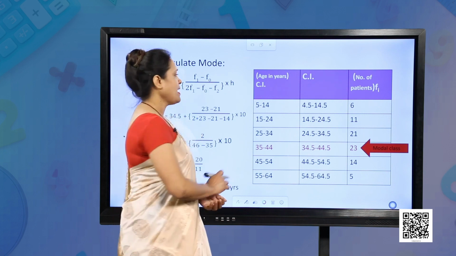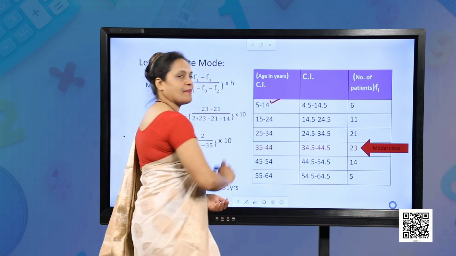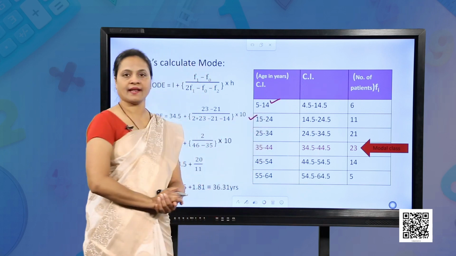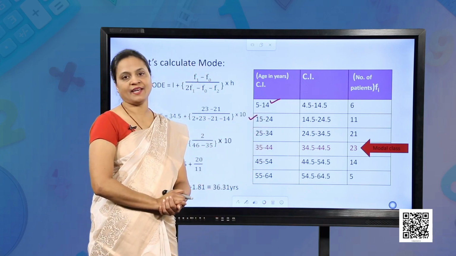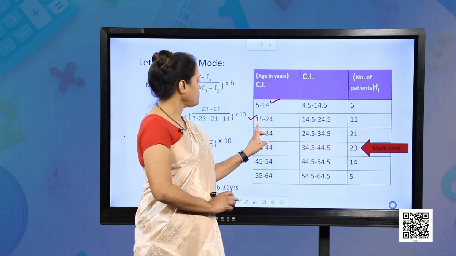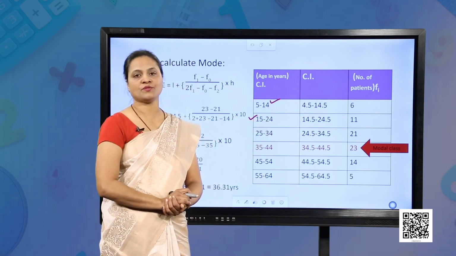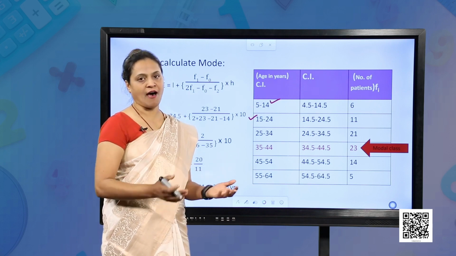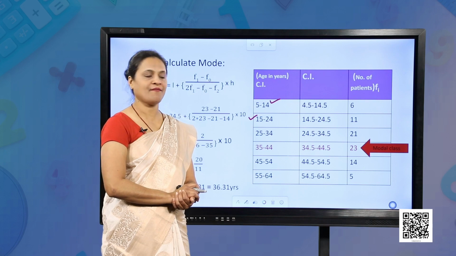How to do it? I will take the upper limit of the first class interval and the lower limit of the second class interval and find the difference. What is the difference between 15 and 14? It is 1. Now I am going to take half of it. What is half of 1? It is 0.5.